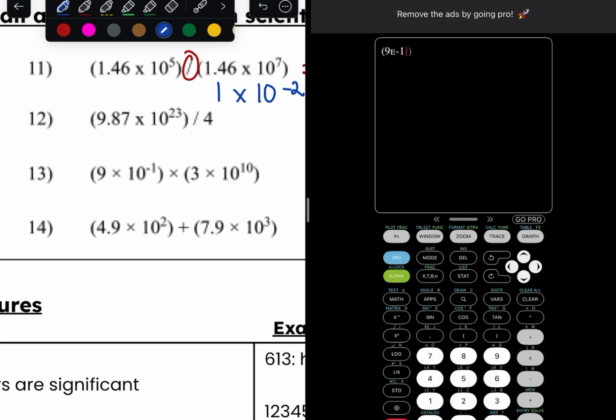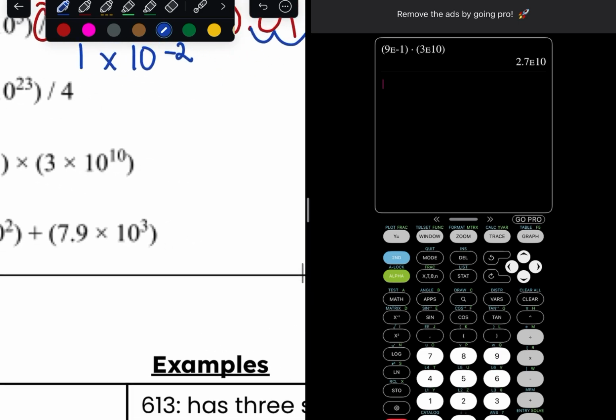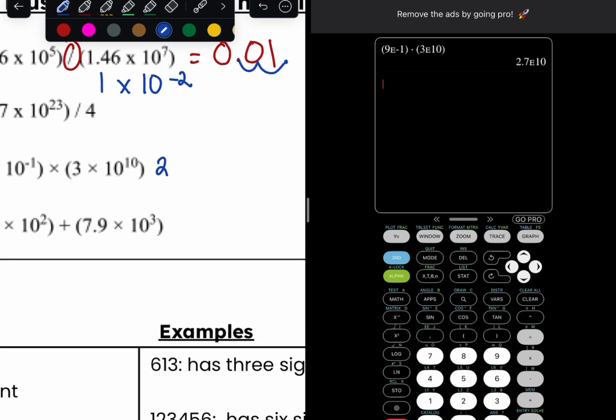You should enter the negative 1 that way. Then you're going to multiply that by the next number. So 3, second EE, 10. Notice how there's no tens. There's no multiplication signs within the scientific notation. And then you should get that answer of 2.7 E10, which just means the same as 2.7 times 10 to the 10th.